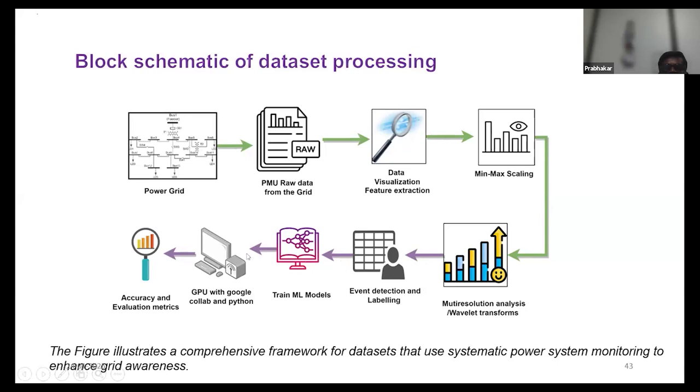Then using Google Colab and Python, you can work on this, because when you are handling a huge amount of data, the normal setup will be difficult. So when your memory requirement is very high, you go for some GPU based systems, check whether your analysis is accurate, and measure the performance in terms of evaluation metrics.